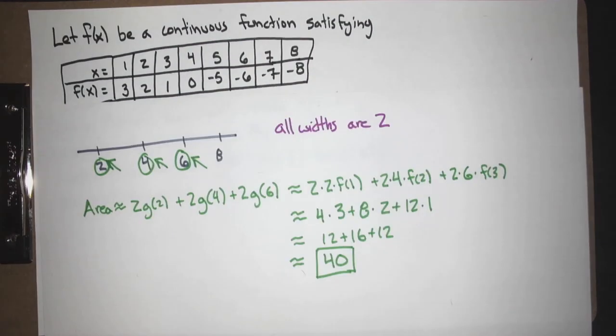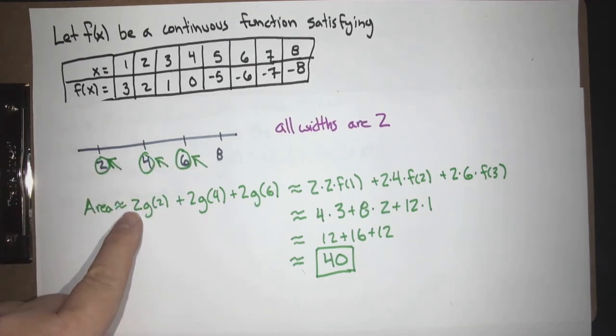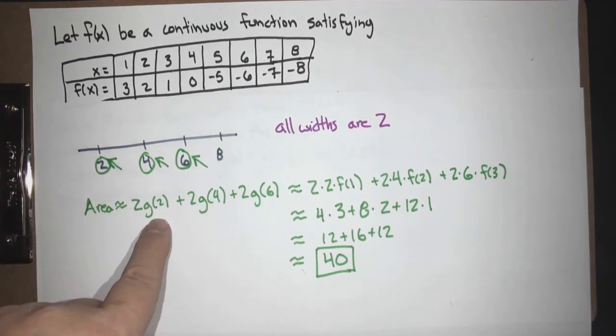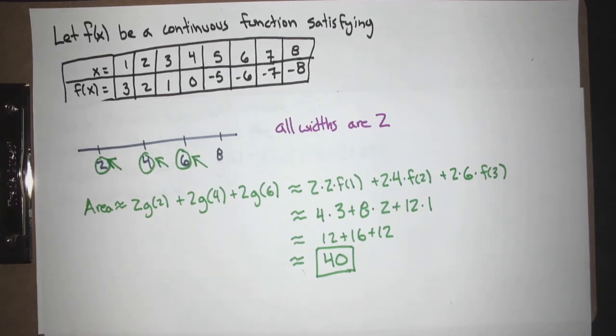Okay, so split 2 to 8 up into 3 equal parts, so you have widths of length 2. So all your rectangles have width 2. You're using your left endpoint, so that's 2, 4, 6. So our area is width times height, 2 times g of 2. That's g of 2 is the height. 2 times g of 4, that's the height. 2 times g of 6. How do you get your g's?